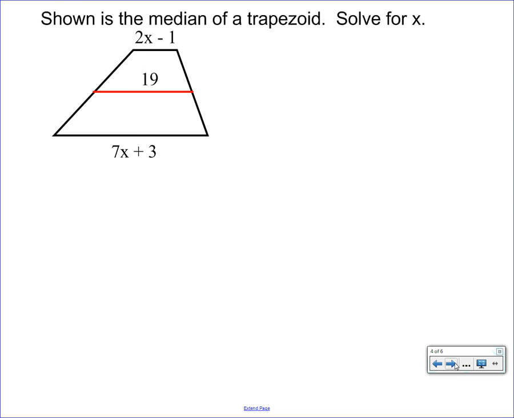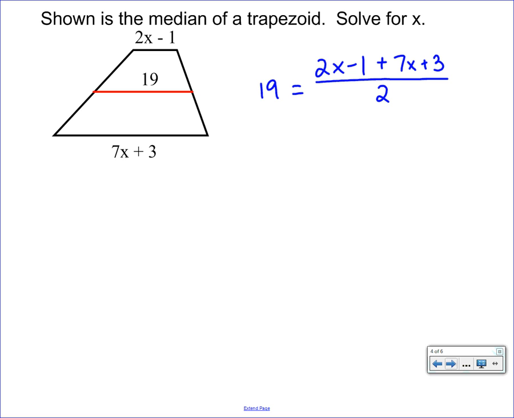Shown is the median of a trapezoid, and we need to solve for x. Again, remember, the average of the bases equals the length of the median. So the length of our median is equal to the average of the bases, (2x minus 1 plus 7x plus 3) all over 2.